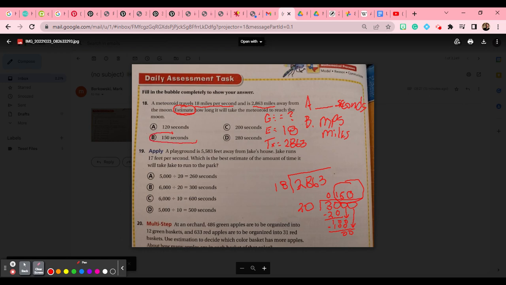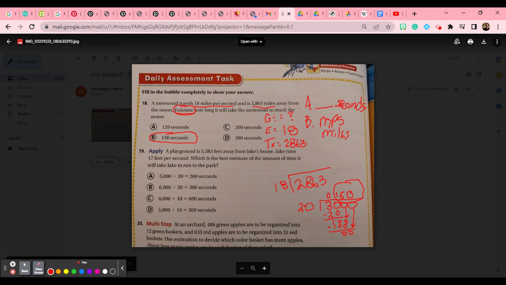Okay, again, we used our GET strategy. We put it in our form where we figure out what we're looking for, what we're looking at, so we can determine first, are our labels the same? Are we looking for multiplication, division? Remember, if the labels are the same, if we had seconds looking for seconds, we would add or subtract.